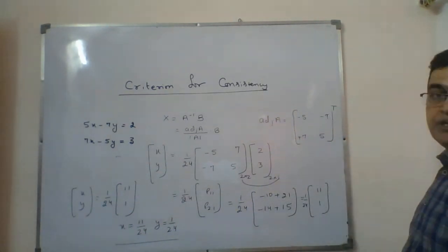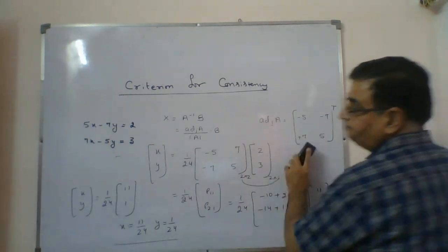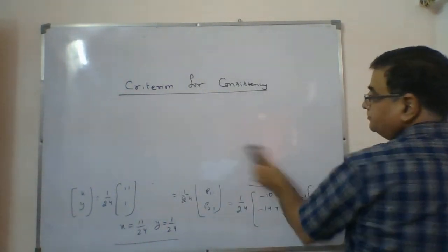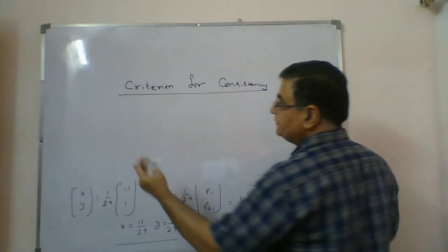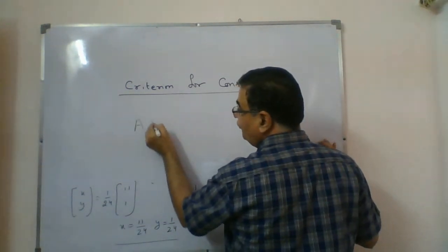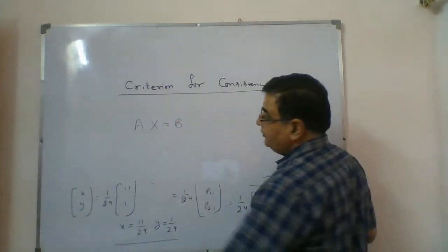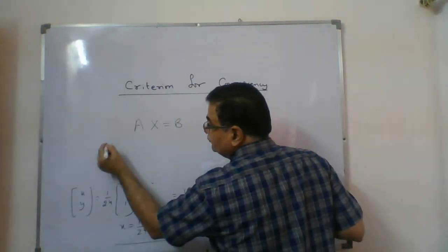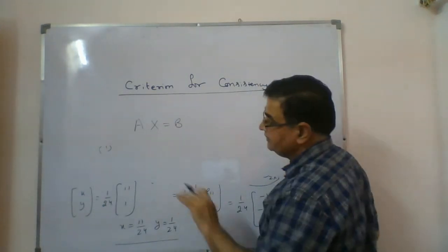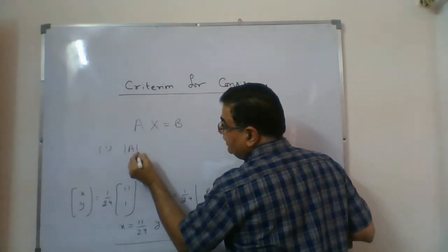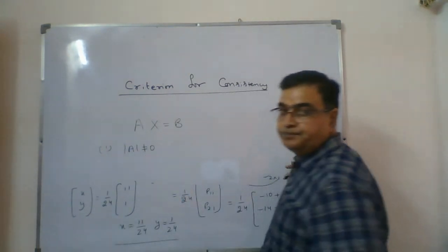So here one thing is clear, that whenever you have a system, that system we always write in the form AX is equal to B. And in the first case which we got in this example, what that case says is determinant A is not 0.